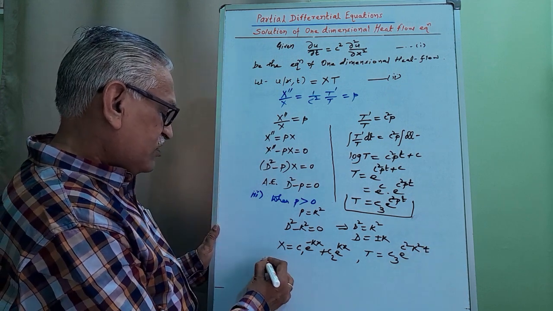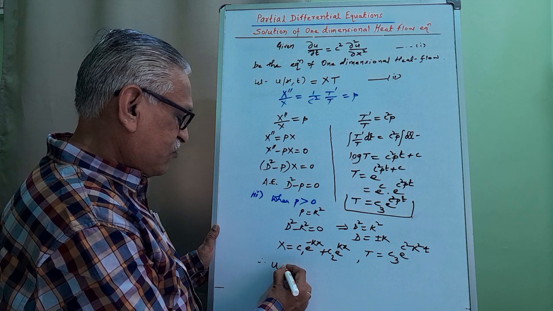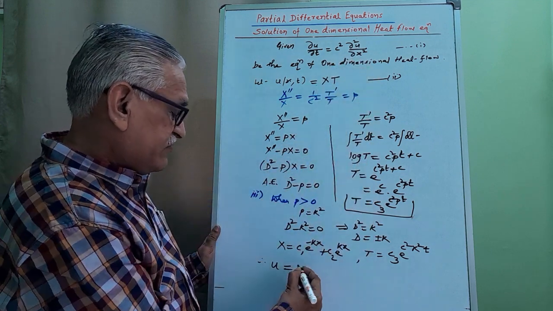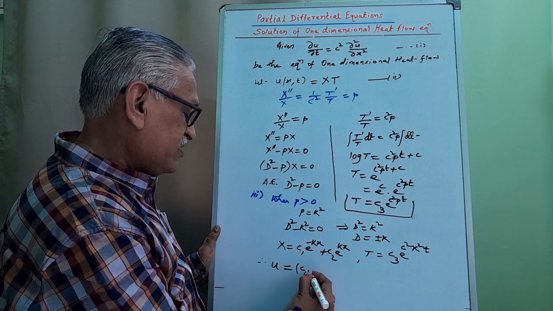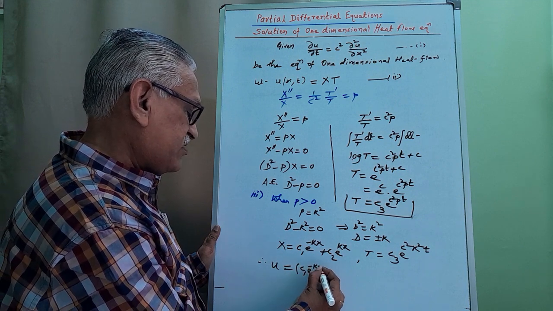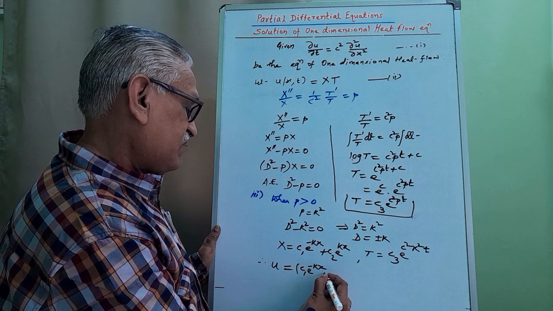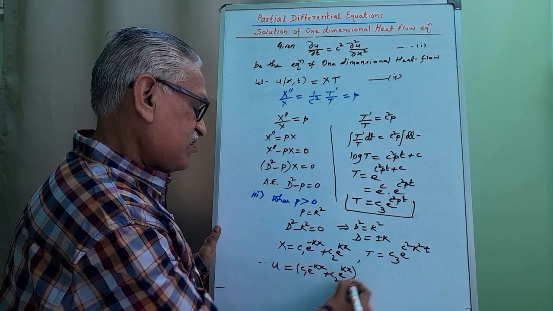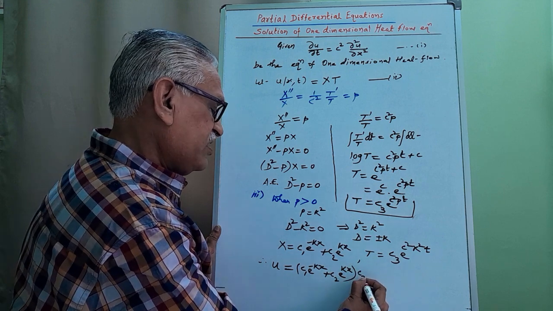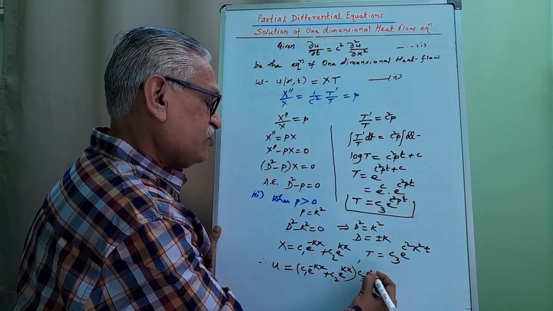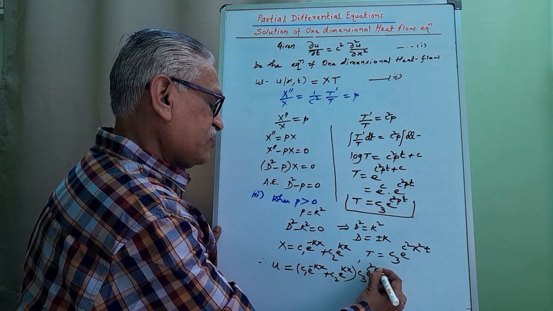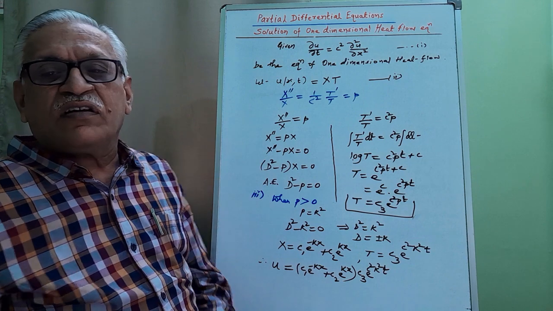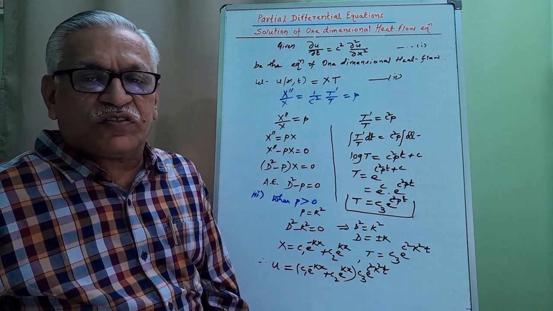And therefore that solution for u, substituting these two values in equation 2, we get c1 e raised to minus kx plus c2 e raised to kx, multiplied by c3 e raised to c square k square t. This is the third possible solution.